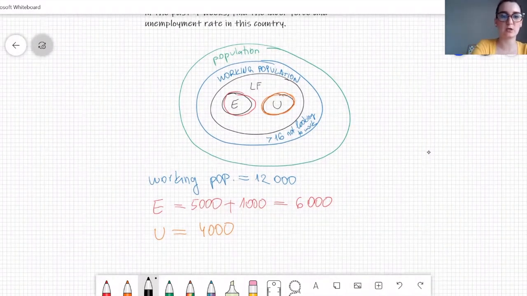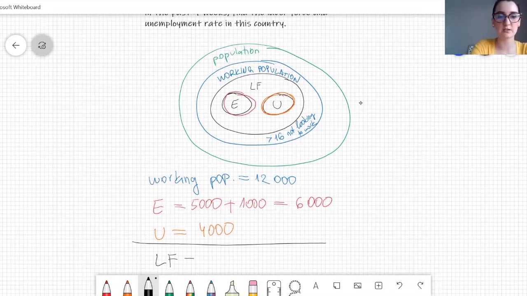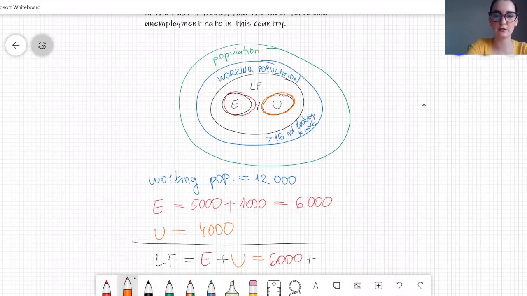As we can see from this little drawing here, labor force consists of employed plus unemployed. So that would be 6,000 plus 4,000, which gives us a labor force of 10,000 people.